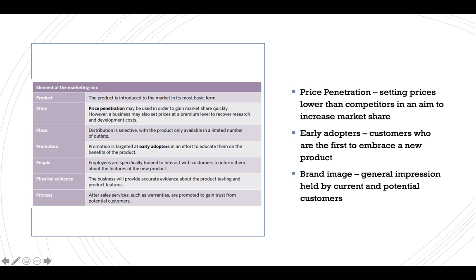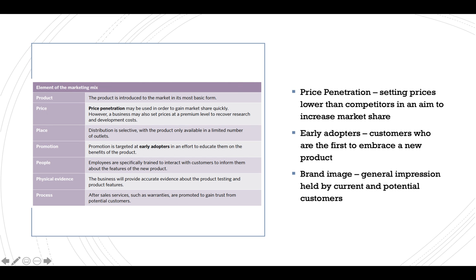Price, often a business is going to use price penetration, which is setting prices lower than competitors in an aim to increase the market share. But they could also set prices at a premium level, so setting it at a higher retail price in order to make back the money quicker.